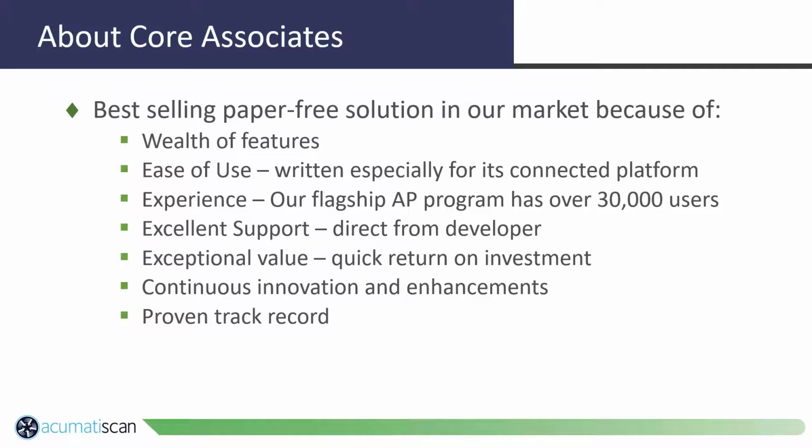It's been in the marketplace for several years, about 12 years, and it is considered the top of the line AP routing and approval system for Sage 300 CRE. That AP routing and approval system called TimberScan, we have over 30,000 users of that particular application.